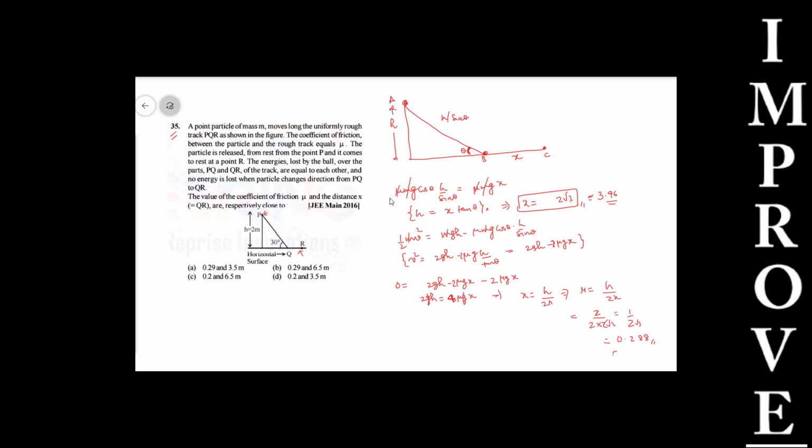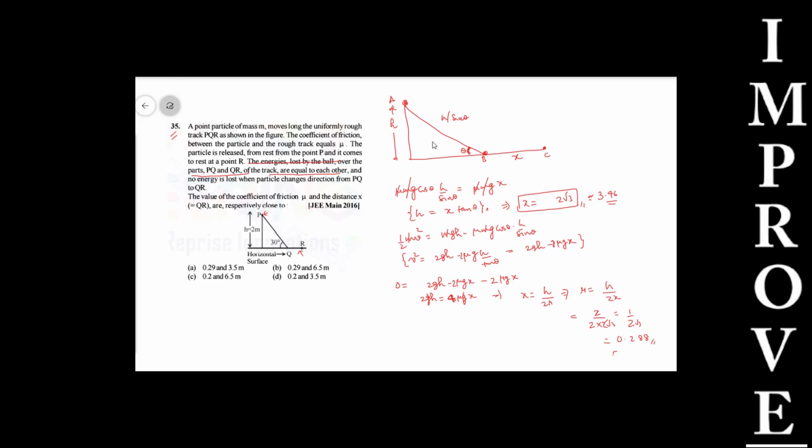So it's given that the energy lost by the ball over the parts PQ and QR of the track are equal to each other. This means that the work done by friction going from point A to point B is equal to that from point B to point C, or in the figure, from point P to Q is equal to going from Q to R. So going from A to B, this work done by friction is going to be nu mg cos theta into h by sin theta.